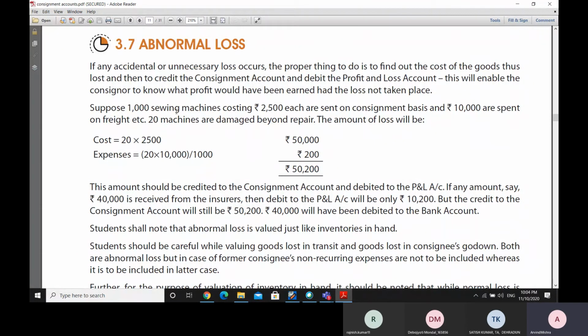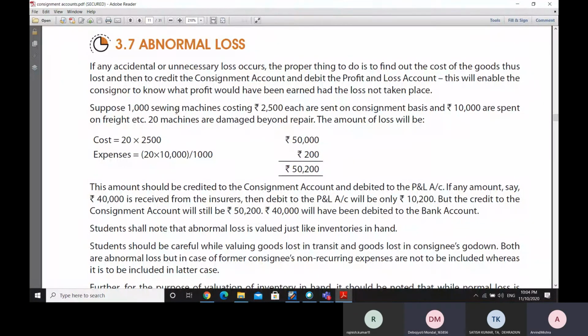Because let us say, for example, that after losing these 20 machines, he is making a profit of 1000 rupees. Now this profit is transferred to the profit and loss account. How will he transfer that profit to the profit and loss account? He will be crediting the profit and loss account and debiting the consignment account. Is that right?